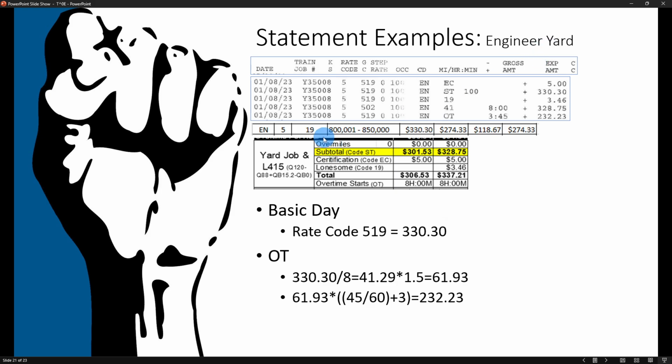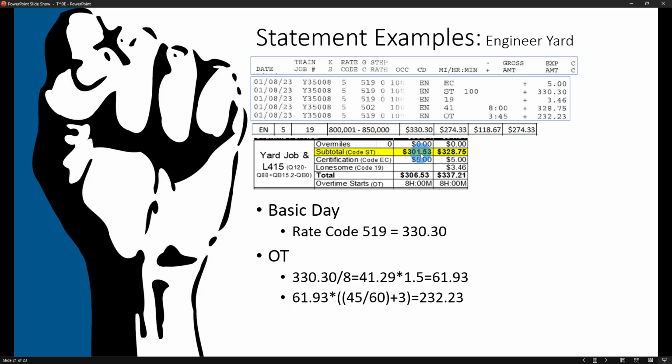Engineer yard. Okay, so we've got a Y35008 engineer card, certification card, $5. Yard job, so it's 100 miles, basic rate 330. Because of the rate code being a 519 there, boop, boop, and 330.